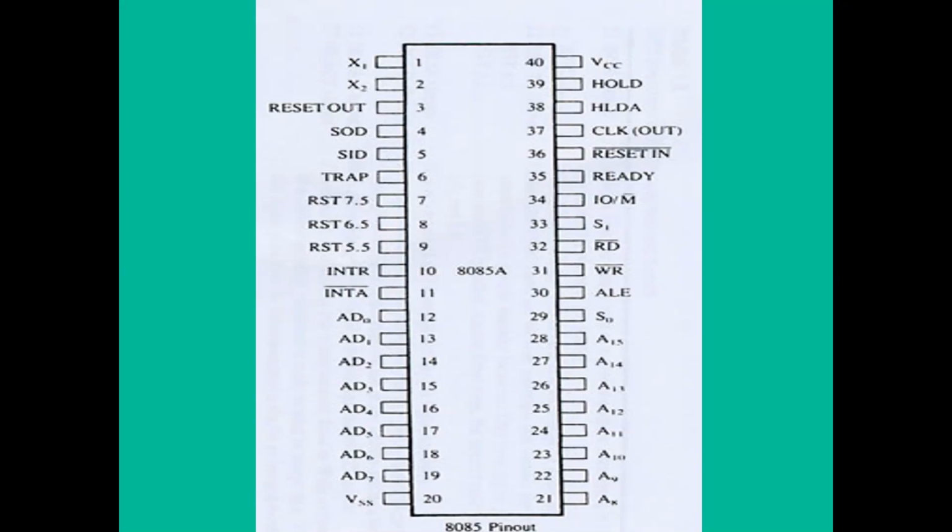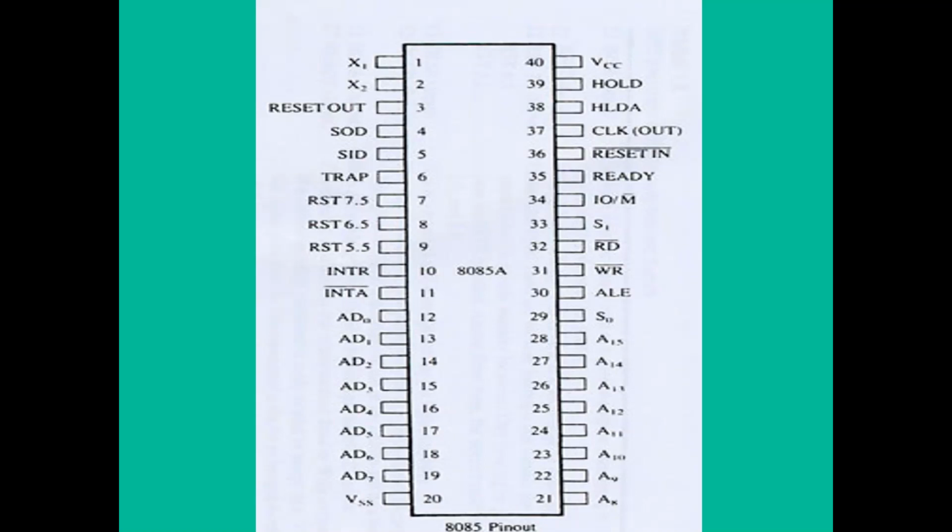Using these multiplexed lines, the address will be transferred first, and once it knows this address is now available, it can read or fetch the data from this address, or send the data to this address. So address is the first thing, very important for any operation using the microprocessor. Then when the address is identified, the data will be either fetched or transmitted.